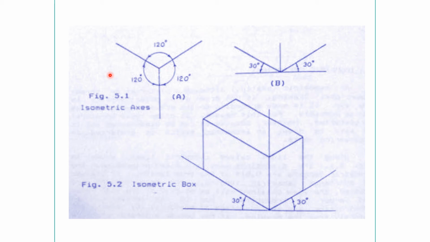When we draw a horizontal line here, the angle becomes 30 degrees, and the remaining is 120 degrees. A half circle is 180 degrees. So that is an isometric box that will be used. I will discuss in detail how to draw a 3D object by using the isometric axis and isometric box.